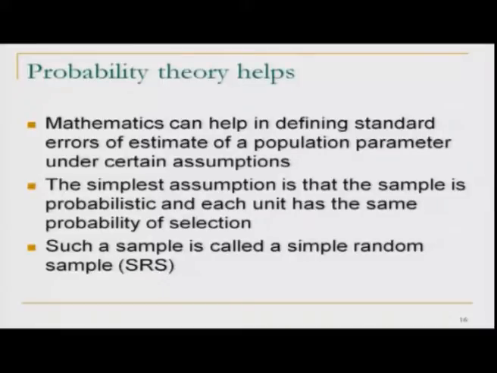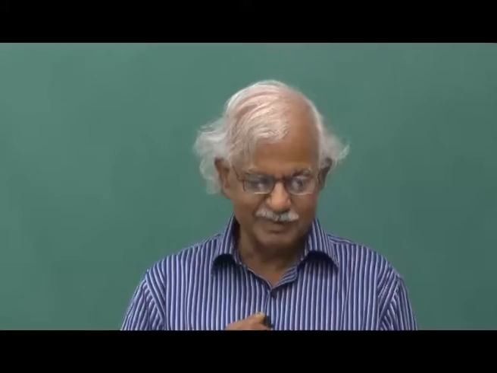Mathematical theory helps in defining standard errors of estimate of a population parameter under certain assumptions. The aim of sampling theory, what I have understood, is to derive mathematics for estimating standard error of estimate for population parameters under different types of sample designs and under different assumptions.